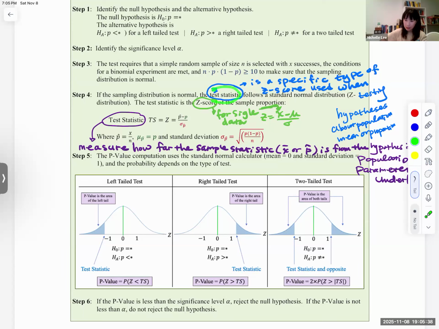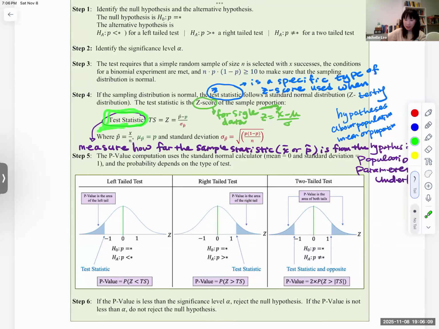The z-test statistic is a specific type of z-score used when testing hypotheses about a population mean or proportion. In this section, we are talking about proportions. And what is it for?